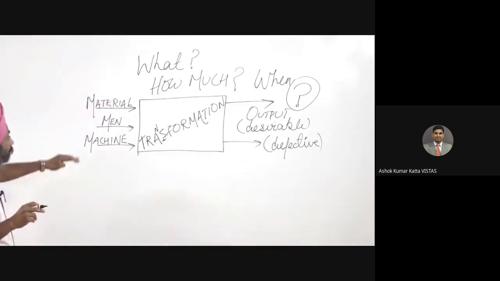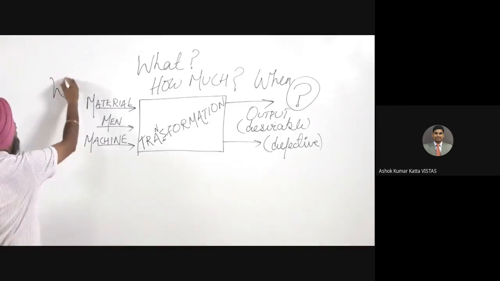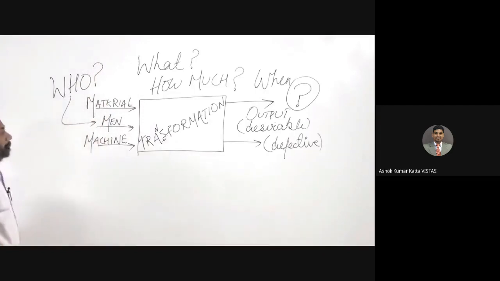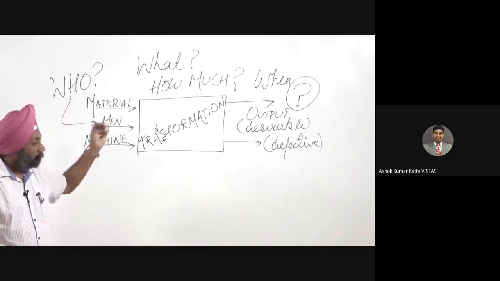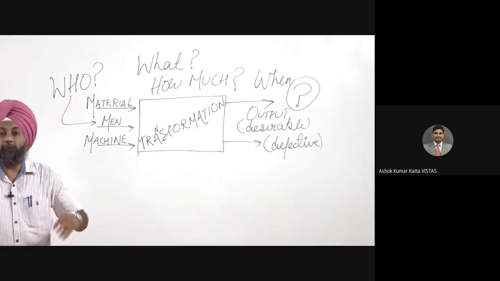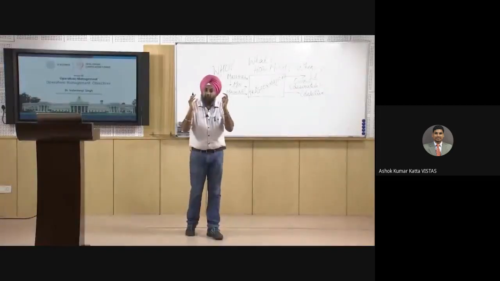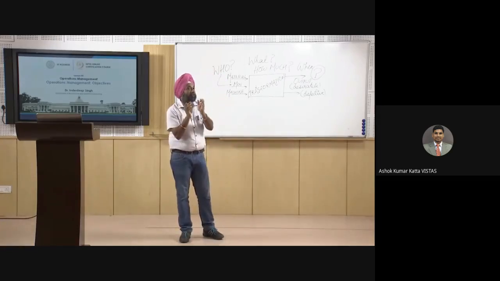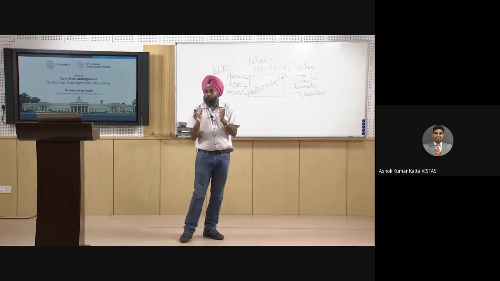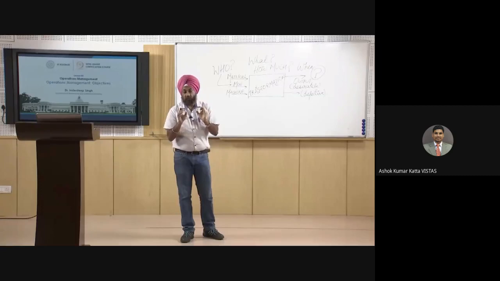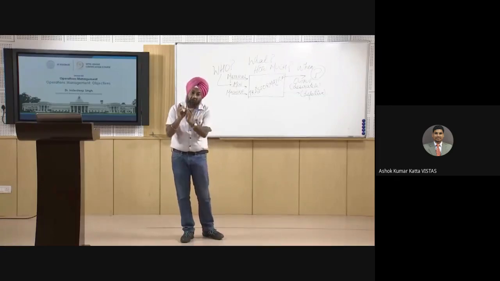Then from the left hand side we can say who is going to produce, what is going to be produced, how much is going to be produced, when it is going to be produced. There can be many other such questions that may come to the mind of a production manager. And in operations management we try to figure out how we can manage the answers to these questions.